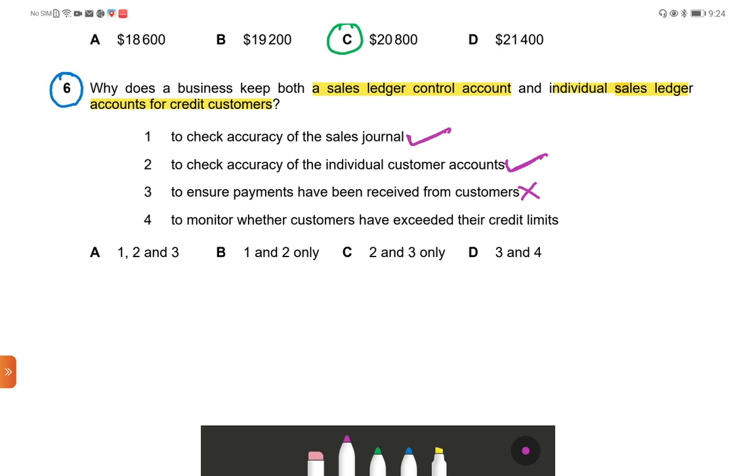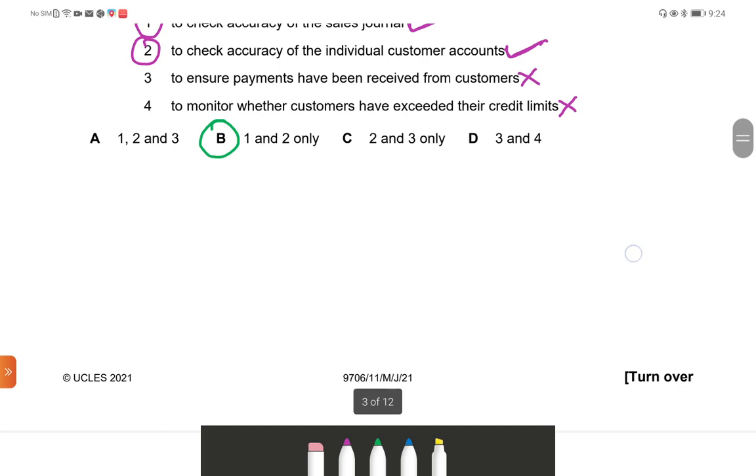Next, to monitor whether customers have exceeded their credit limit. The purpose of the individual sales ledger account and control account is mostly the first two. So the correct answer is option B, 1 and 2.